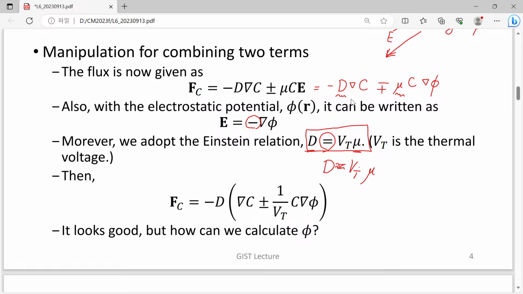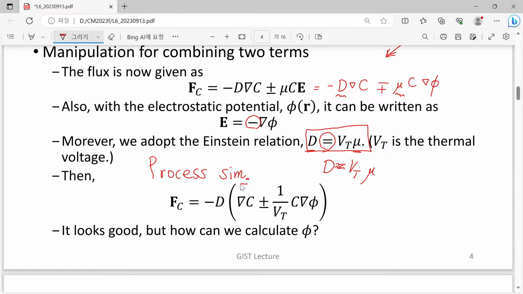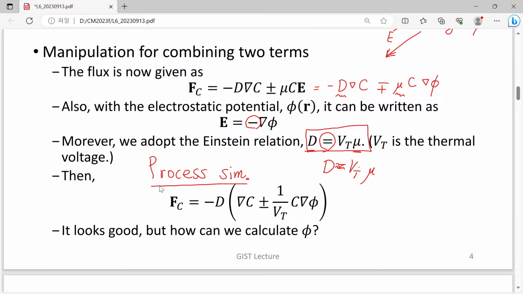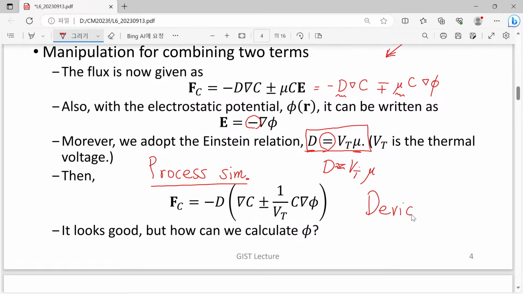So you are now talking about the field called process simulation. In process simulation, we are talking about how we can simulate the fabrication process. Later in this course, you will also consider device simulation.